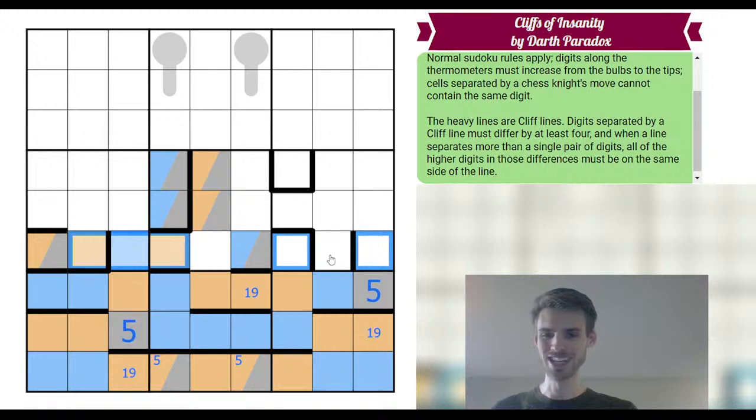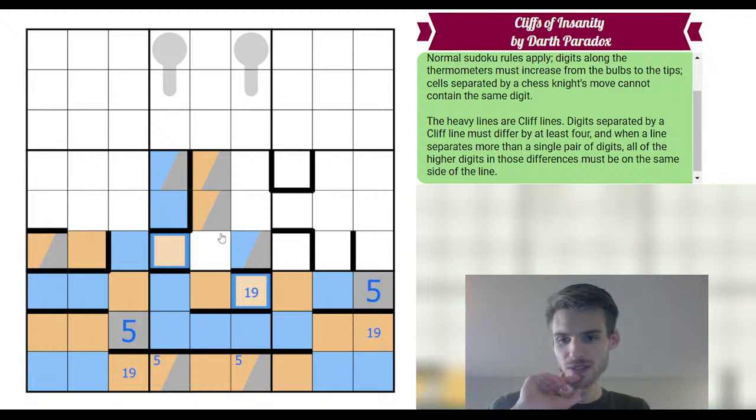Yeah, I'm not seeing that. I'm not seeing what to do with that. Okay. That can't be gray because this one sees that one by knight's move. So this is what we have to do, huh?